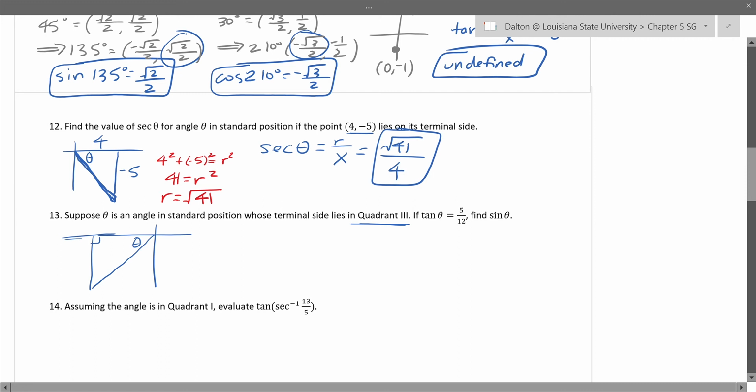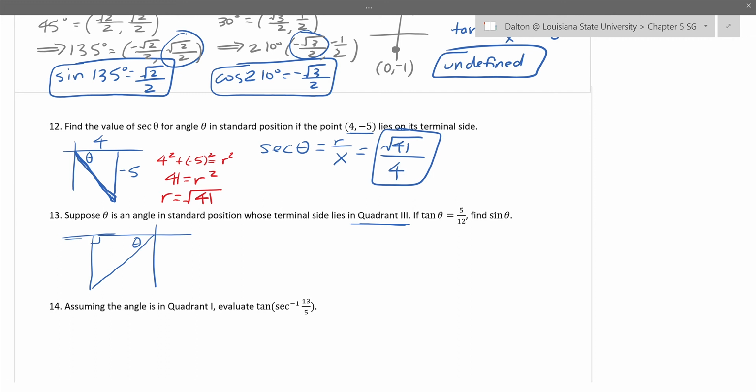Okay, so from theta, we know the tangent is 5/12. Now, tangent is either y over x, rise over run, your slope, or it is opposite over adjacent, however you want to think about it.